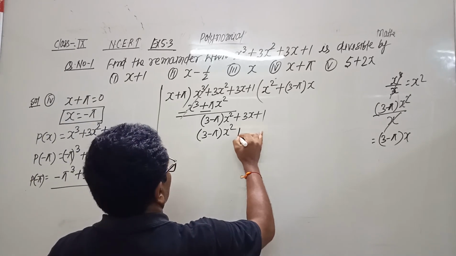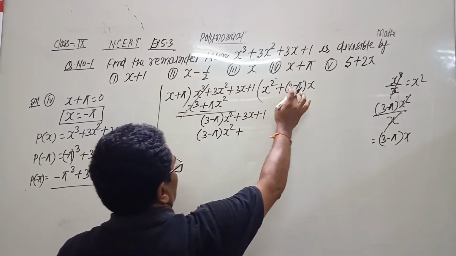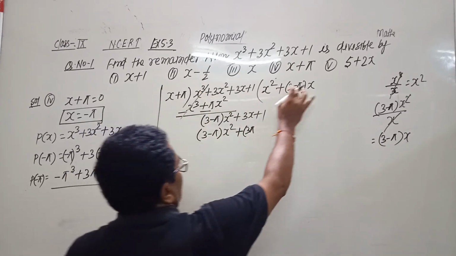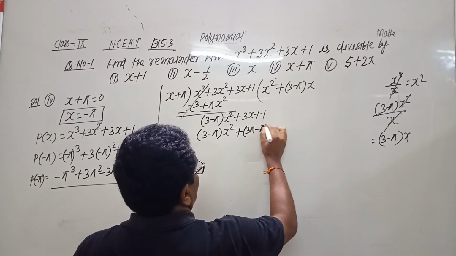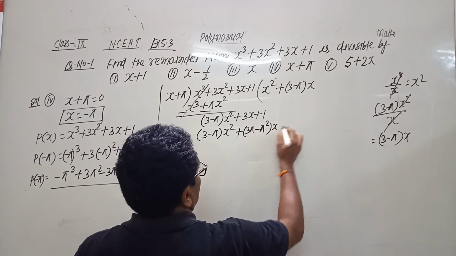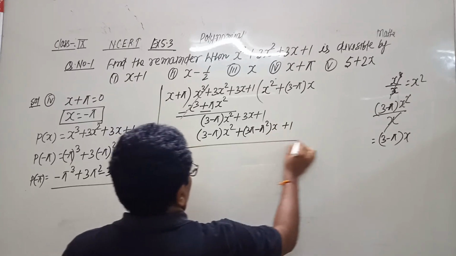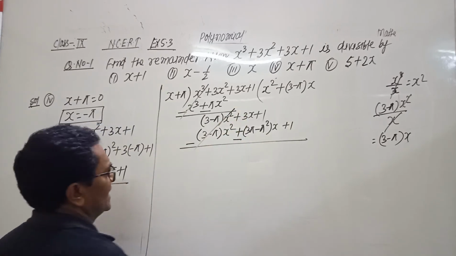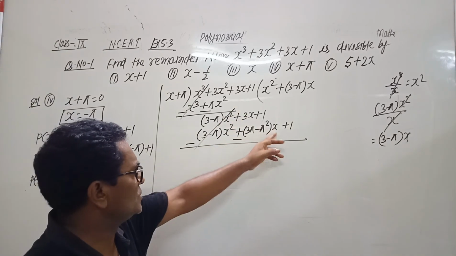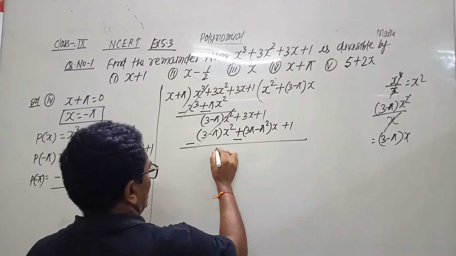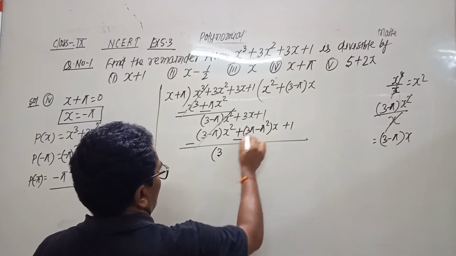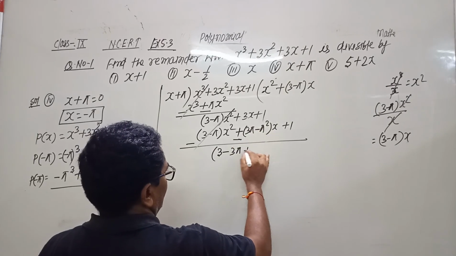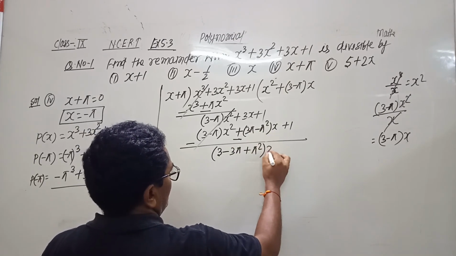So we get plus p into 3, 3p, and p into minus p, minus p square, into x. Now change the sign, it gets cancelled from these two terms. x is common, so we get 3 minus 3p plus p square into x plus 1.